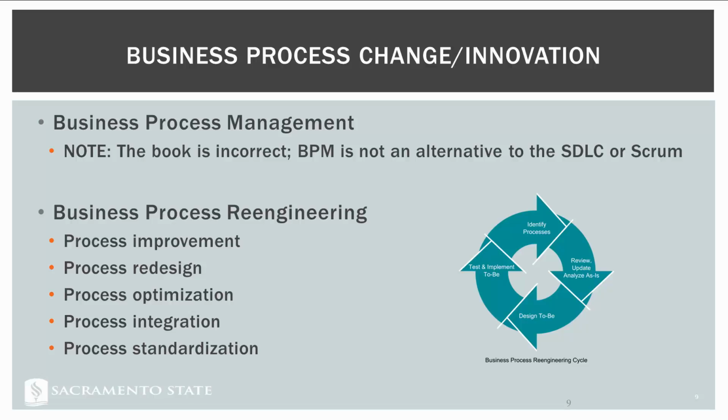A lot of different names for taking our business processes and changing them, modifying them in some way so that we improve them, make them more efficient, make them more streamlined, take out parts that are unnecessary, make them more profitable, make them more creative or collaborative, whatever our metrics are that we're trying to focus on. Business process reengineering is to take our processes and make them better.